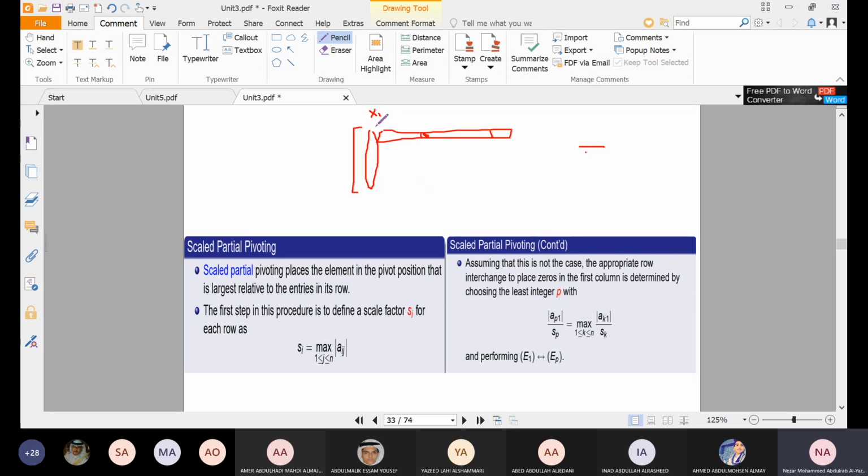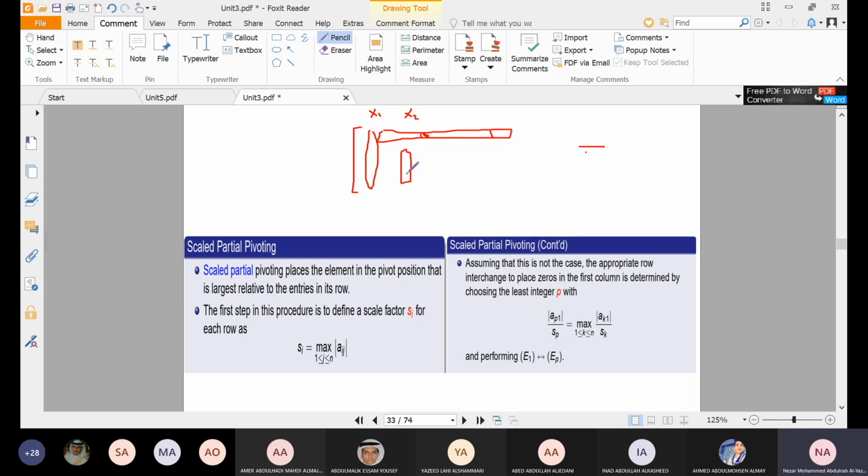After that, to cancel this one, I will take a ratio between the element in the pivot position with respect to the maximum scale. Whichever row has the maximum ratio, this will be the new pivot. We'll do the same for x2. If we do x2, we look for the coefficient in x2.